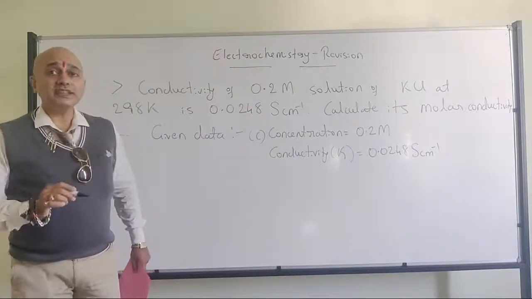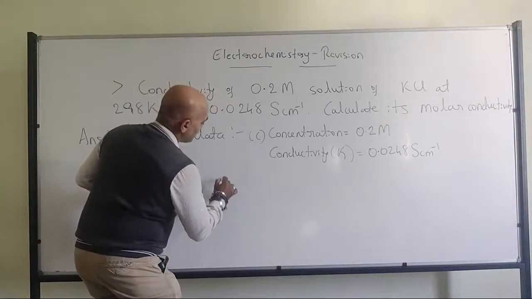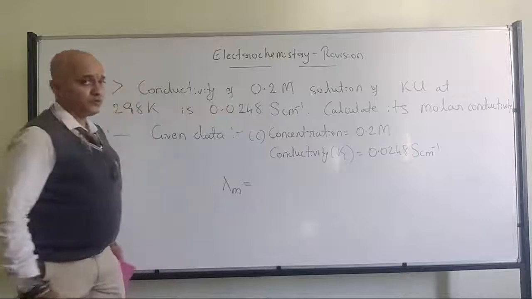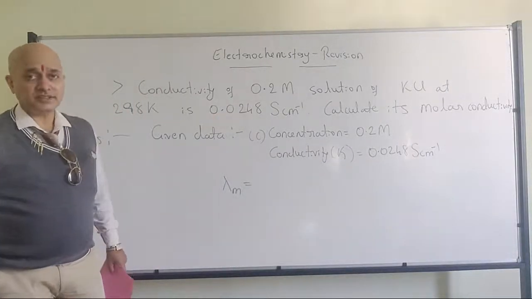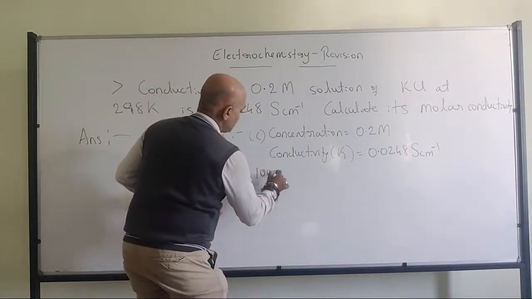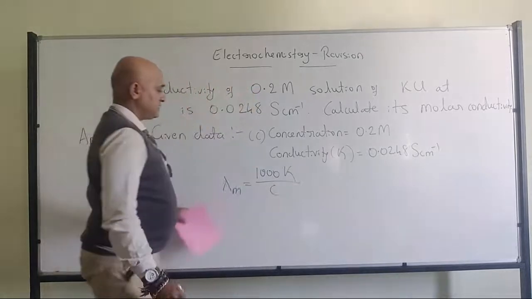Now I have to write the appropriate equation. So which is that appropriate equation? Molar conductivity is equal to, since it is Siemens per centimeter, better we go with 1000 into kappa divided by C.